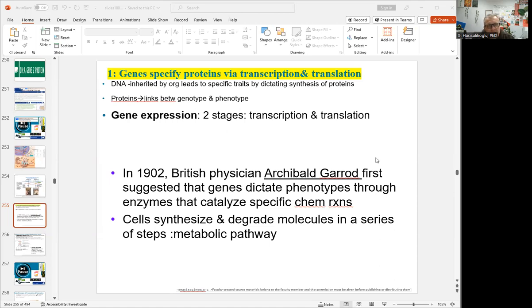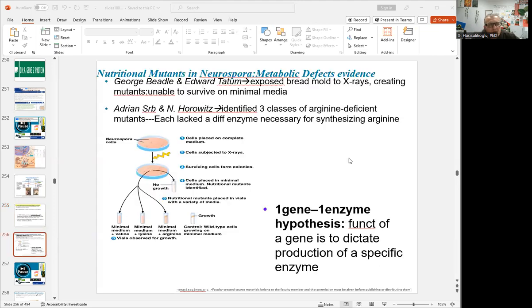This really started early, in 1902, with some experiments which created mutants at different universities, especially Cornell University.